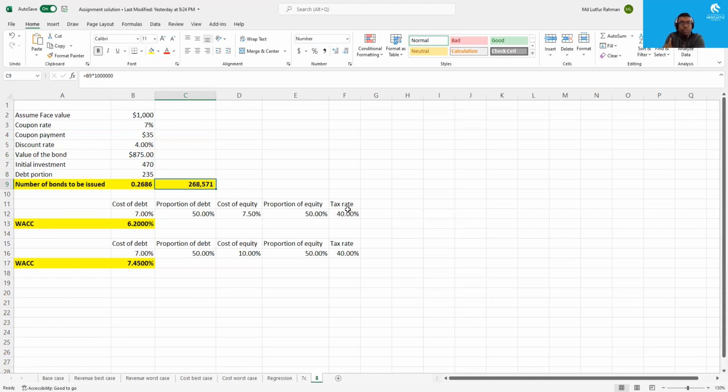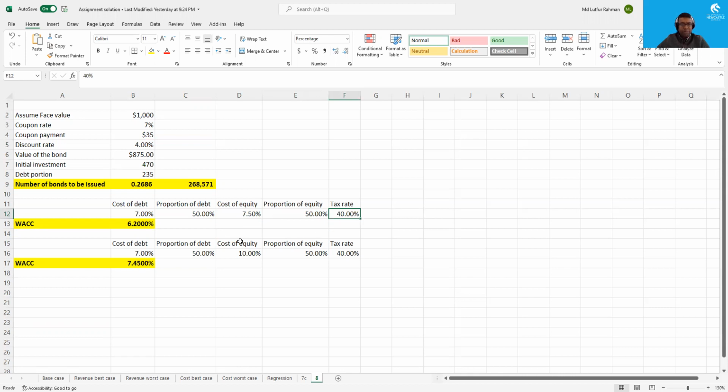The second part was to calculate WACC, weighted average cost of capital. Most of you did it correctly. So cost of debt is the coupon rate, which is here 7%. Proportion of debt is here 50%. Cost of equity, you should use the one that you calculated in the last question, and proportion of equity, and the tax rate is given.